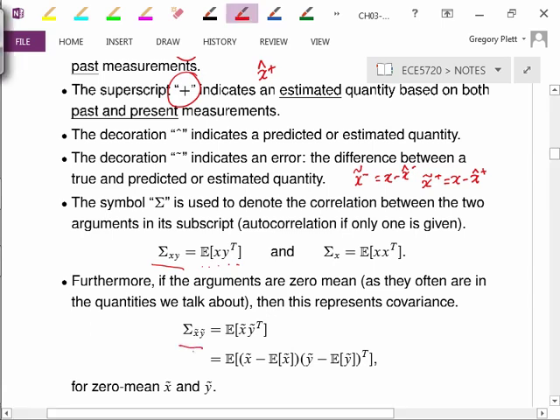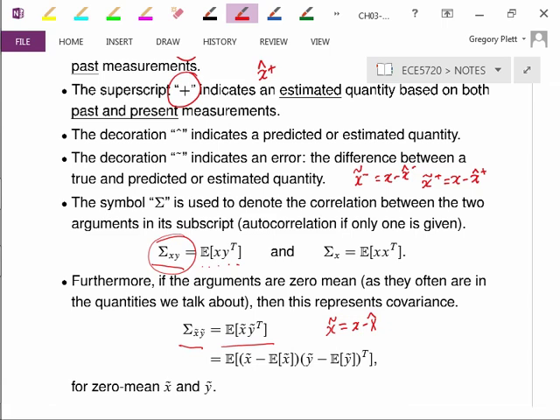So we write something like sigma sub x tilde y tilde. We recognize that by the definition of our sigma notation, it must be the expected value of argument 1 times argument 2 transpose. But argument 1, x tilde, equals x minus x hat. And the expected value of x tilde, if it's a zero mean quantity, is going to be 0.